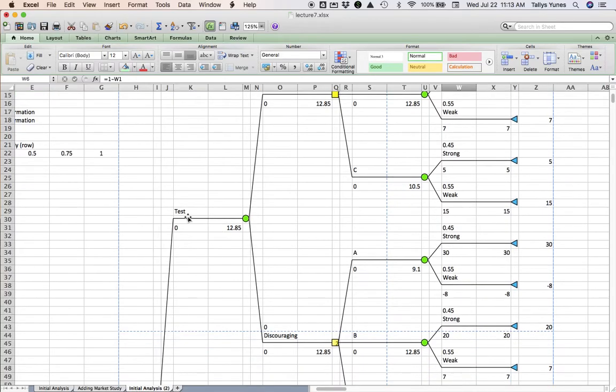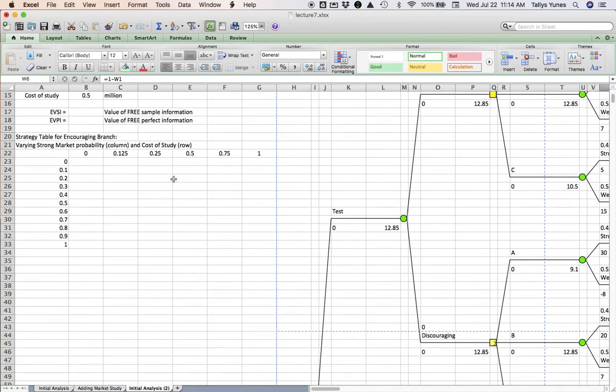Conversely, if I ran a test and it is discouraging, I am probably going to think weak with a higher probability than 55%. So we need to calculate these chances. And then we plug them into the tree, and then we'll know what's really going on and whether or not the test is worth performing. Okay? Great. So let's do that now.